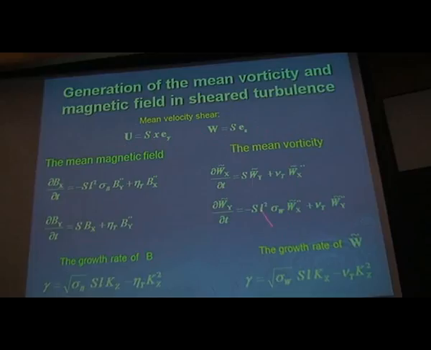We derived equations for the evolution of perturbations of vorticity. For this simple problem, where the field depends only on z, the equations for the evolution of vorticity are very similar to the equations for the evolution of magnetic field. They are not the same: the equation for the Wx component is similar to the equation for the By component, and the equation for the y component of vorticity perturbations is similar to the equation for the little Bx.